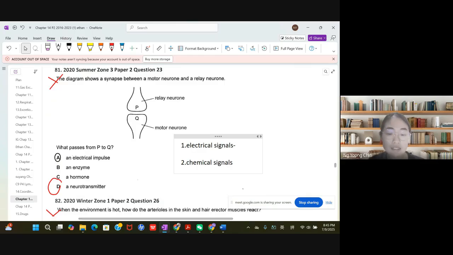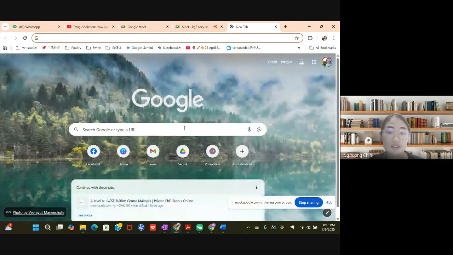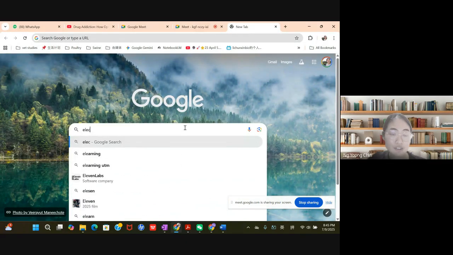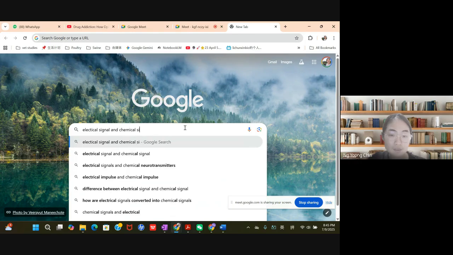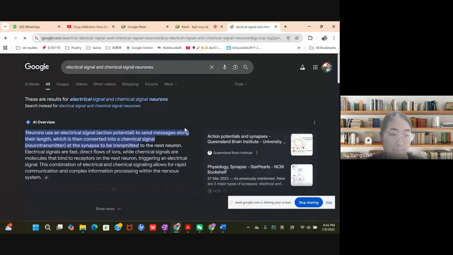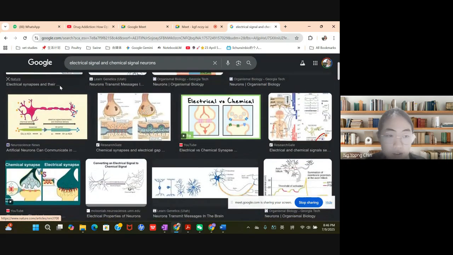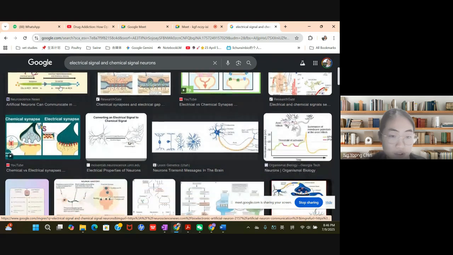I think I'll use an image to show you better. Let me find an image to show you the location of the electrical signal and the chemical signal in the neurons. Where's the image?